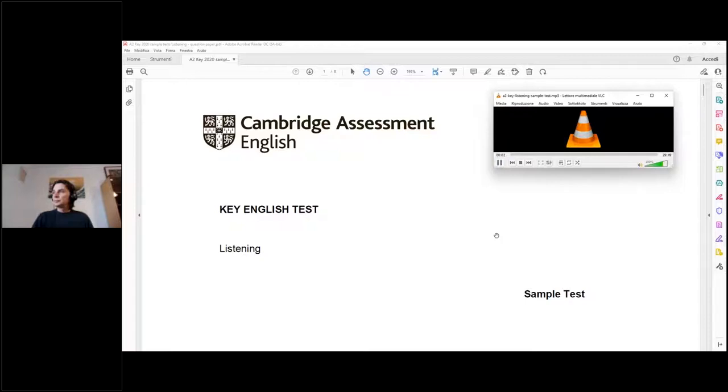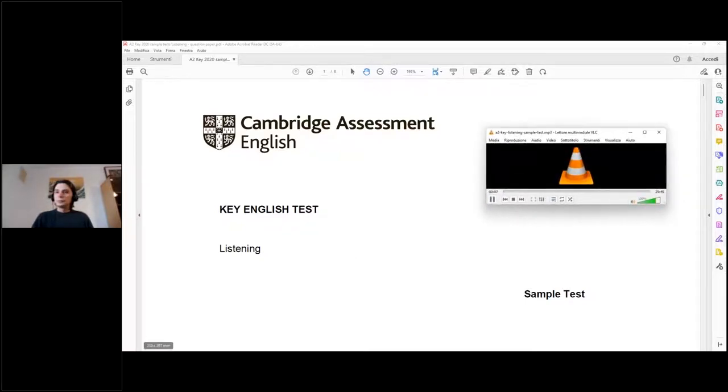English. Key English test. Listening. Sample test. There are 5 parts to the test. You will hear each piece twice. We will now stop for a moment. Please ask any questions now, because you must not speak during the test.